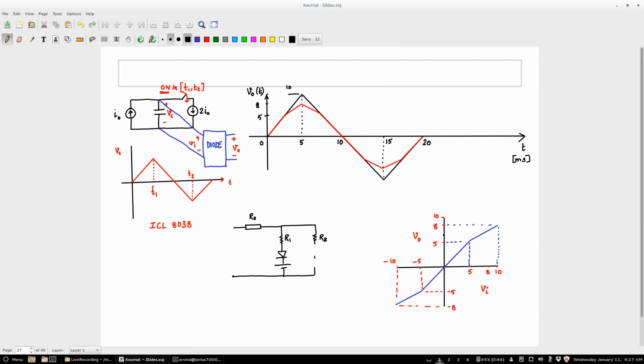And let me say I have another R2, diode and battery, and let me not put the diode this way. So basically my V out is here, and your V in is here.